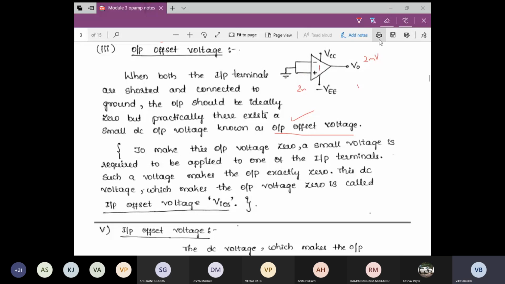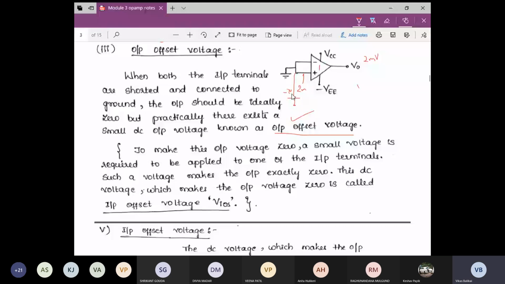So if I try to avoid this, what should I do? If I apply a minus 2 millivolt, then 2 millivolt was already present here and I am applying negative 2 millivolt, which makes sure that minus 2 millivolt and plus 2 millivolt make 0.